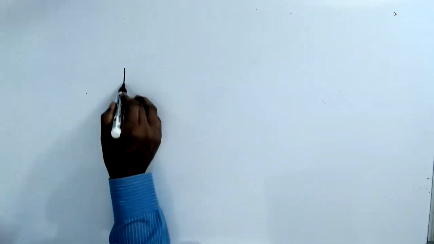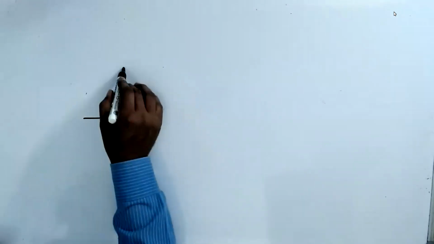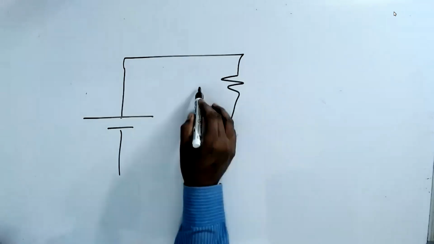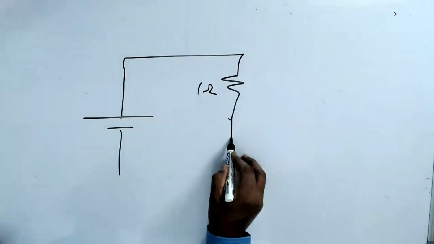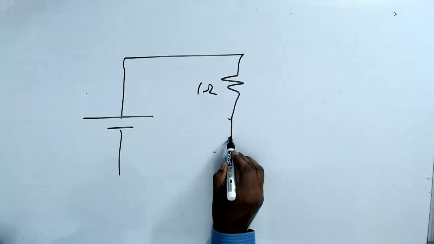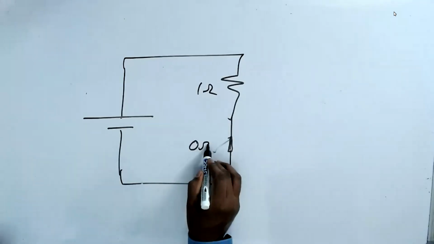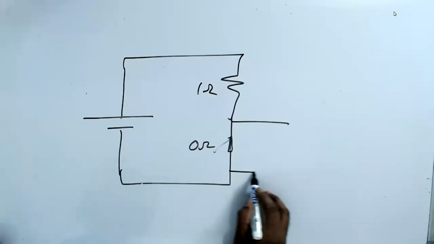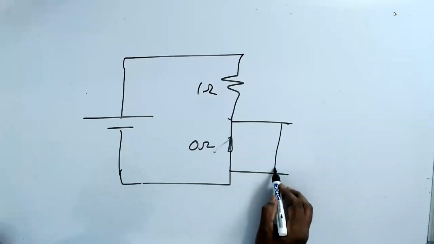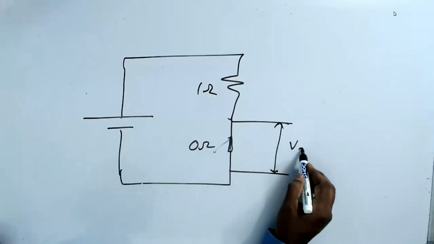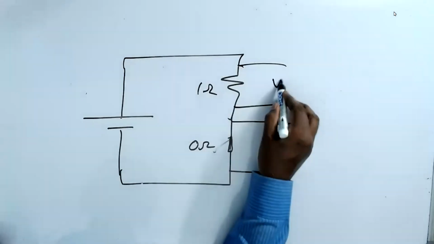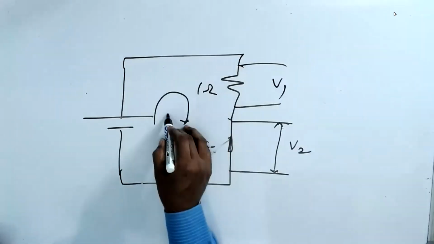Second thing is, if I have 1 ohm, the other one, the switch is on now. Switch is on. That means 0 ohm. Now, what is the voltage here? V2, V1. Whatever may be the current, I don't mind.